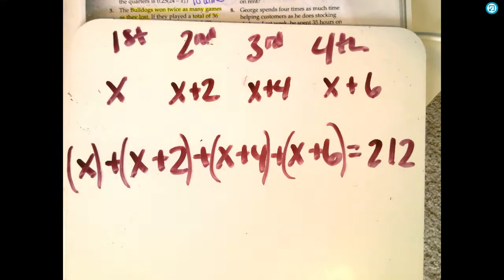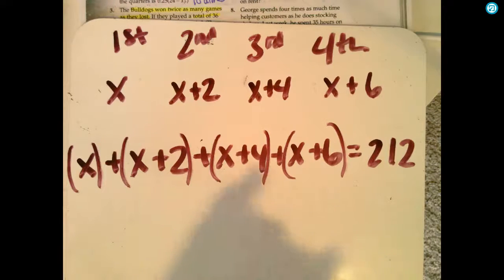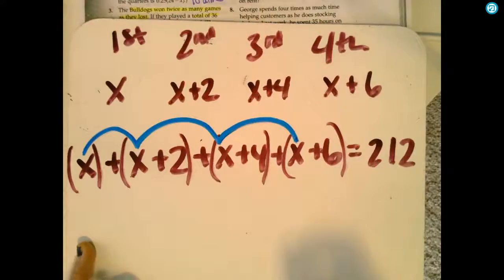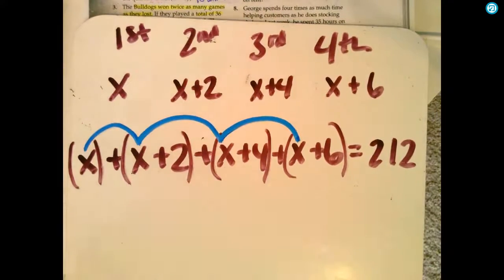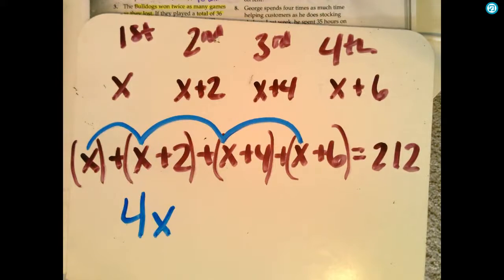All right, we have to start simplifying. So x plus 2 plus x plus 4 plus x plus 6. What can we combine? Well, first we can combine all the x's. I've got x plus x plus x plus x. 1, 2, 3, 4 x's. So that could just be shown as 4x.